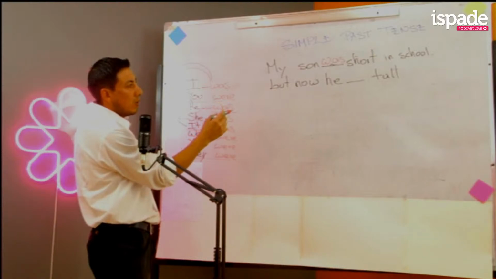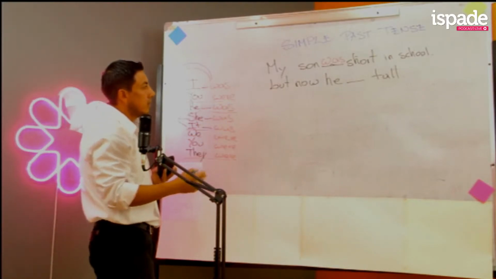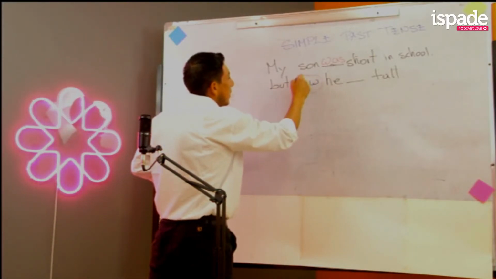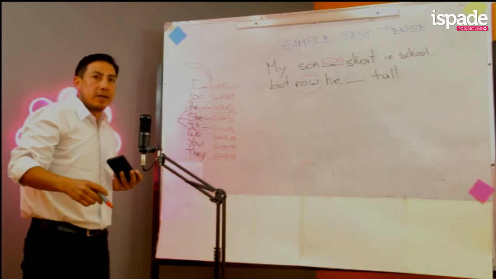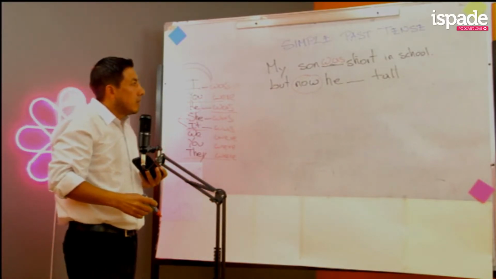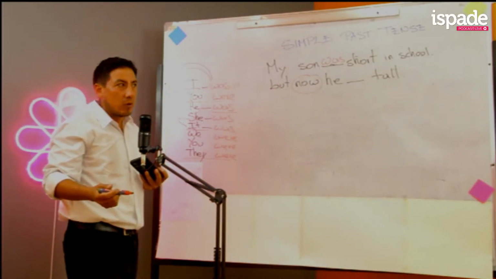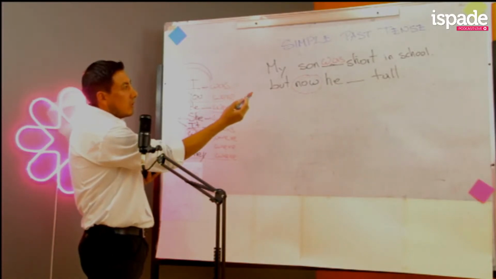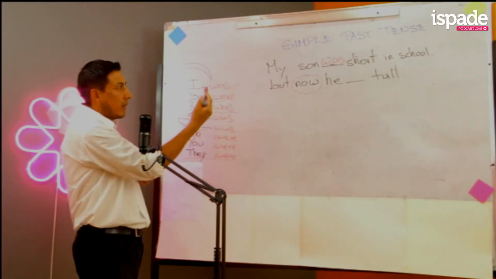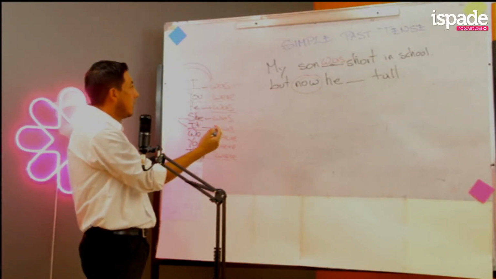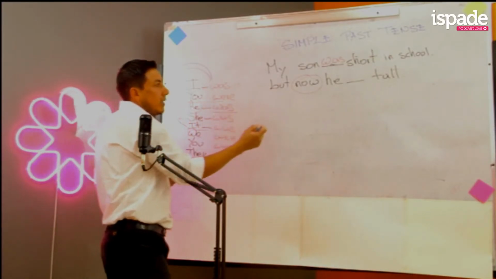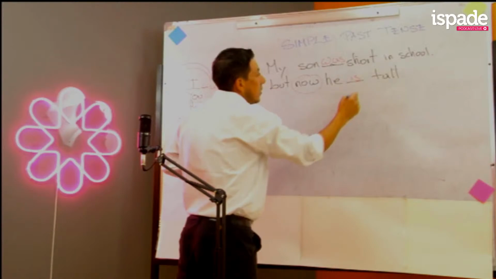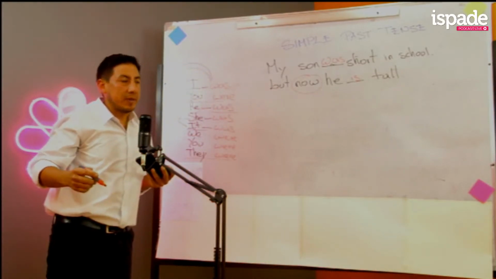But now, here we got a time. Now we are talking about present. So, my son was short in school, but now, present, past and present. But now, he, as we know, he is. Remember the present tense?